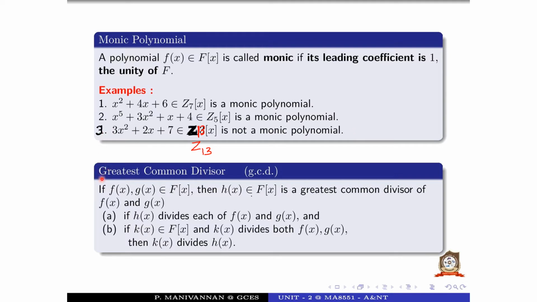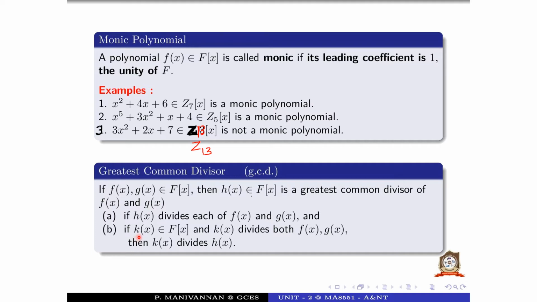The next definition: greatest common divisor of two polynomials. If f(x) and g(x) belong to F[x], then h(x) belonging to F[x] is a greatest common divisor of f(x) and g(x) under these conditions. Condition 1: h(x) divides each of f(x) and g(x), that is, it divides both these polynomials.